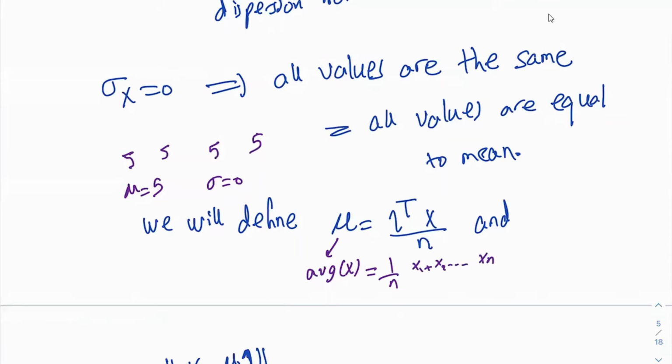But we saw in the second video that one of the applications of the dot product is that you can get the sum of the elements of a vector. Remember, we had 1 transpose x, and we said that this gives you x1 plus x2 all the way to xn. So I calculate 1 transpose x to get the sum of the elements of x, and I divide it by n. This is a fancy definition for mu.